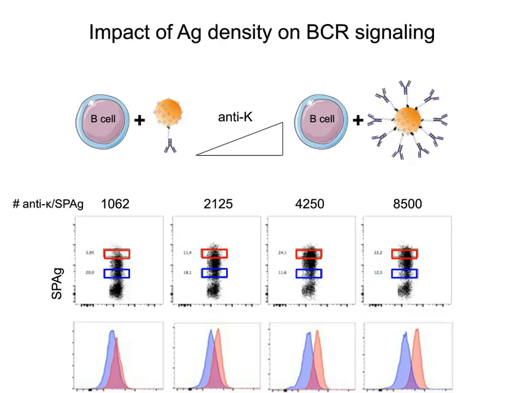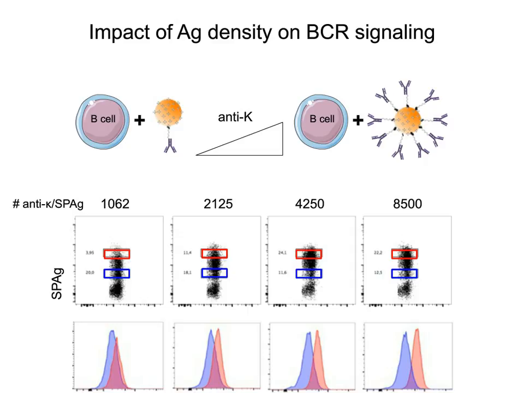What is interesting is that you can change the composition of SPAG. You can increase, for example, the amount of anti-kappa you coat at the surface of SPAG, and this also will have an impact on BCR signaling, which is what we try to achieve. Here, in these different situations, you have on the top the number of molecules of anti-kappa coated at the surface of SPAG, going from a bit more than 1,000 up to 8,500 molecules of anti-kappa.